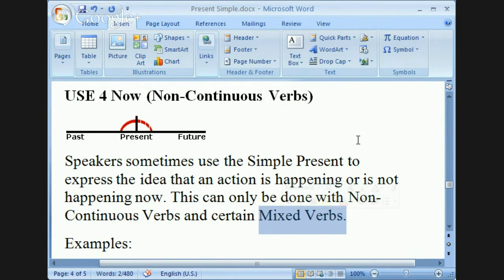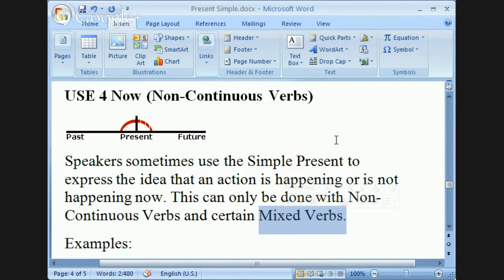Sometimes you can and sometimes you can't, usually depending on which meaning of the verb you are using at the current time. Non-continuous verbs, for example, express abstract ideas like love, hate, like. Technically, by the rules of grammar, I cannot say I am loving you.